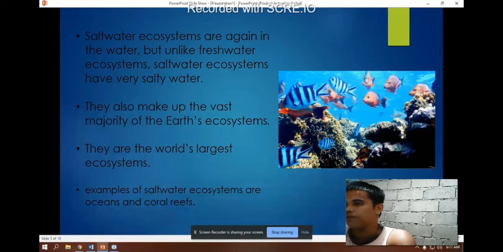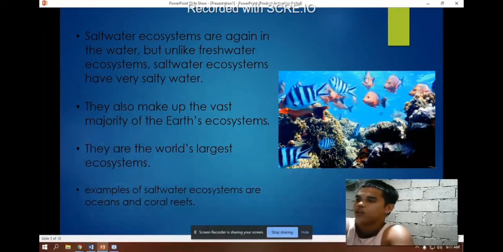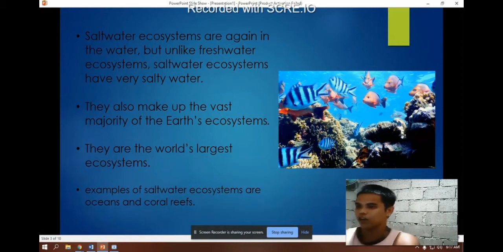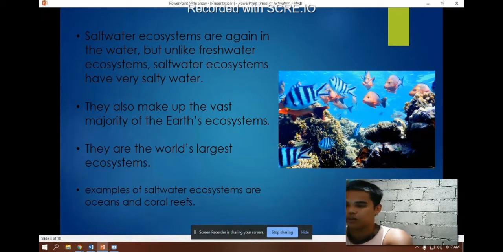They also make up the vast majority of the Earth's ecosystem. They are the world's largest ecosystem. Examples of saltwater ecosystems are ocean and coral reefs.